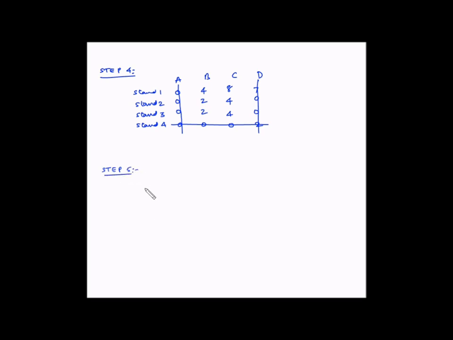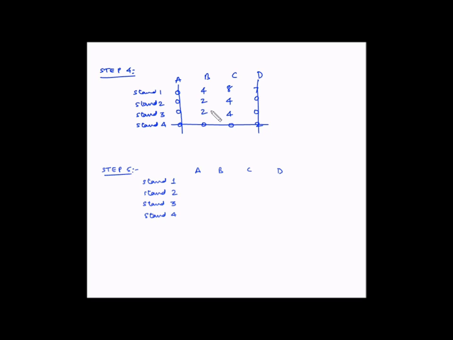So let's first copy the shell of the matrix. Now from the uncovered elements, 2 is the lowest element.